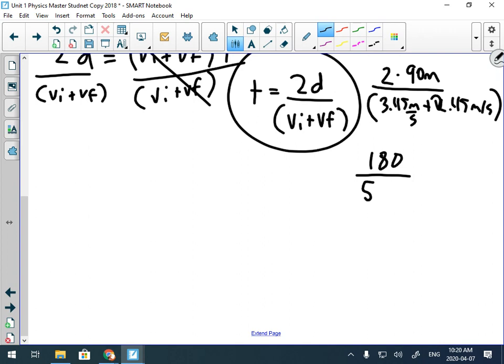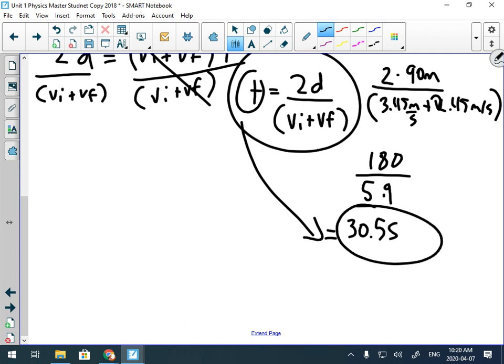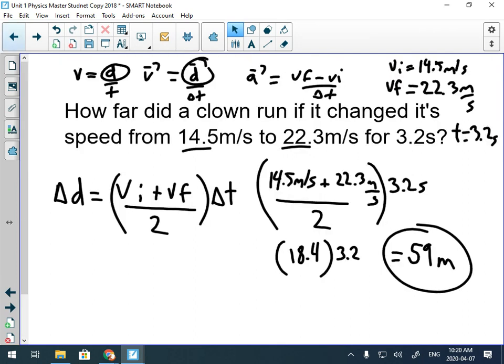That gives me 5.9. 180 divided by 5.9 gives me around 30.5. And what did I solve for? Time. What's time measured in? Seconds.